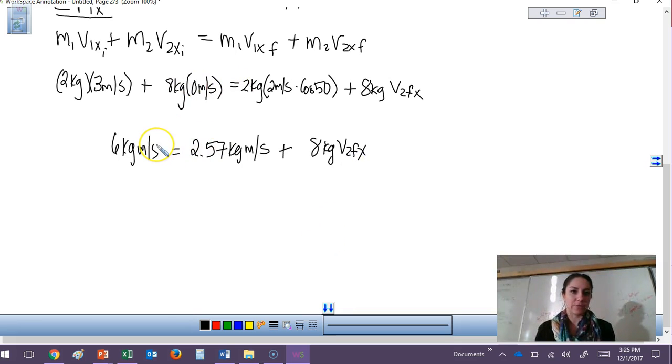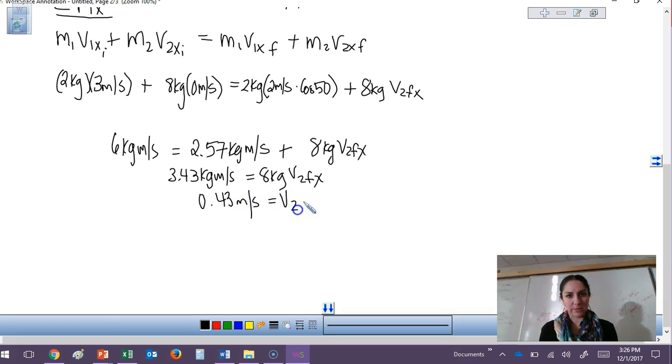If I move that over, I get 3.43 kilogram meters per second equals 8 kilograms V2fx, like that. Let's divide that by 8 to get our final velocity. So 0.43, I'm going to round, meters per second, is the final x velocity. Since this is positive, this is moving to the right.